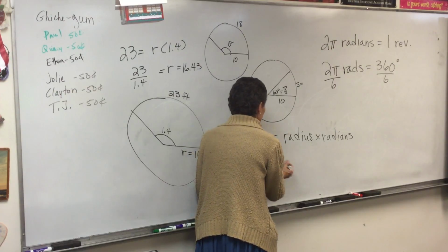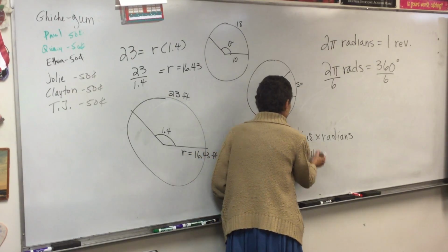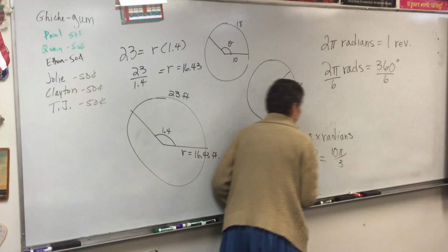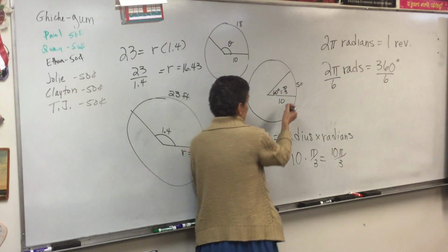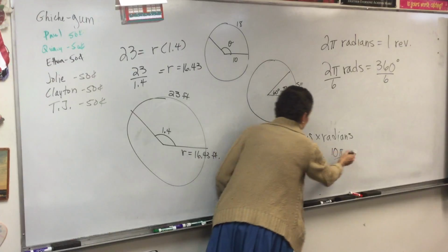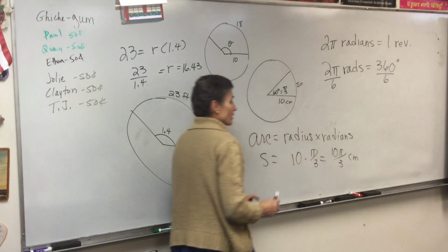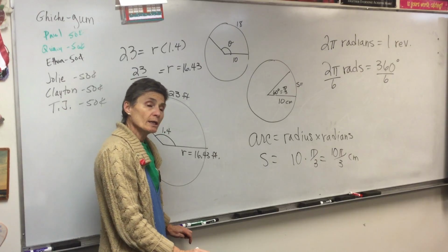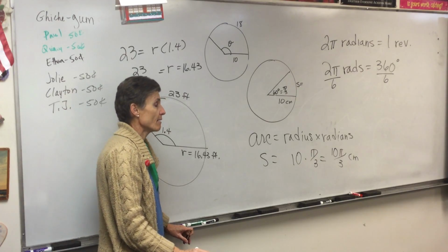So now my arc length will be 10 times pi over 3, or 10 pi over 3. And if this is 10 centimeters, then this is going to be 10 pi over 3 centimeters. The arc length and the radius have the same unit.